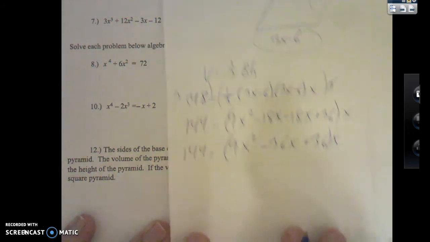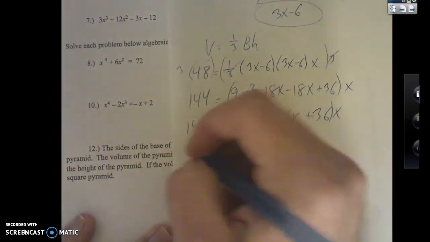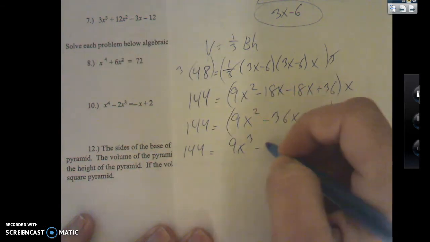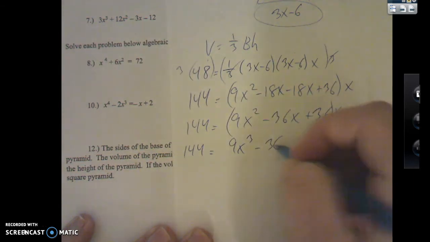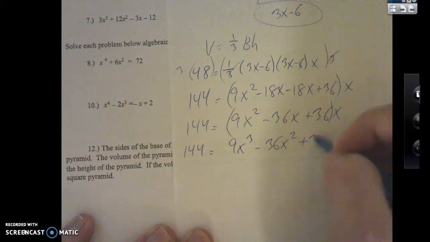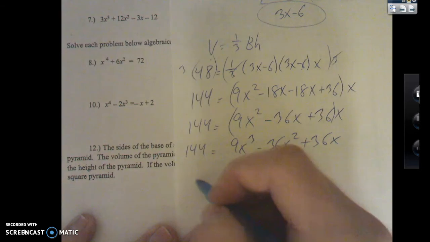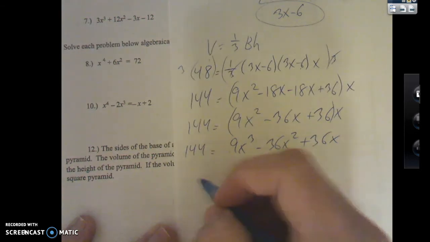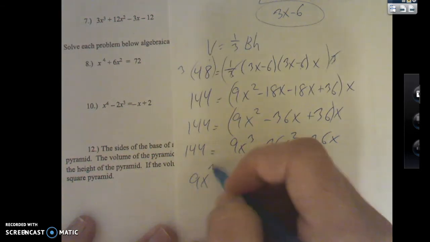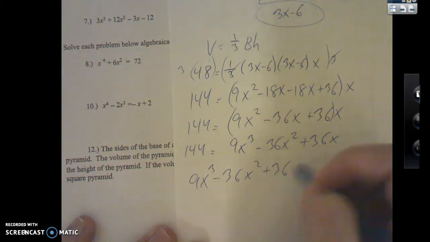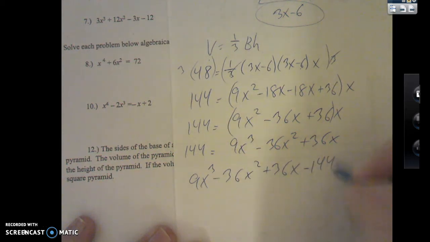If I distribute that x in, 144 equals 9x cubed minus 36x squared plus 36x. Now, I know we did a lot right there, but I'm just going to make it equal to 0. So I'm going to have 9x cubed minus 36x squared plus 36x minus 144 equals 0.